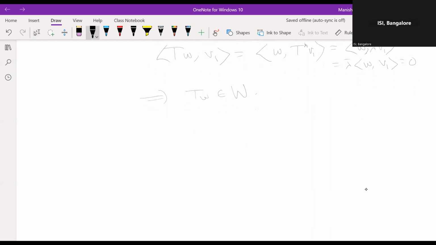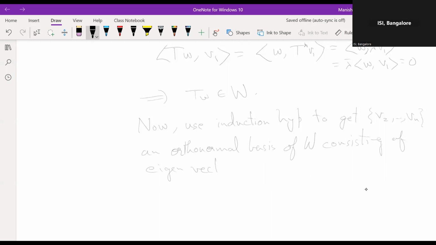Now use the induction hypothesis to get V2 to Vn, an orthonormal basis of W consisting of eigenvectors of T restricted to W. So T restricted to W is again a normal operator.